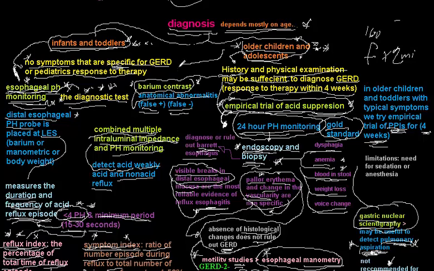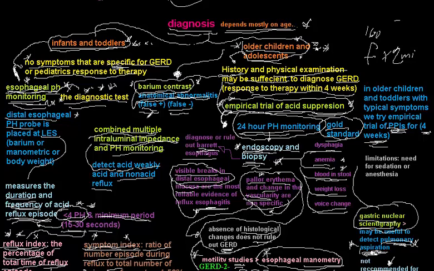One of the most important tests, but not diagnostic for gastroesophageal reflux disease, is the barium contrast study. It may help us. The most important usage of it is to detect the anatomical abnormalities like pyloric stenosis, for example, like malrotation.